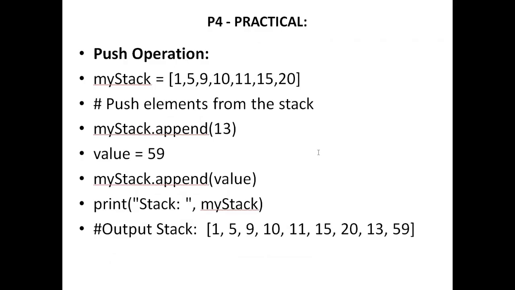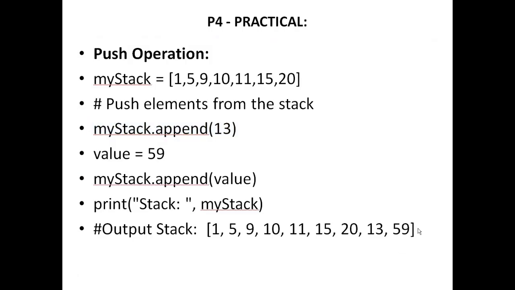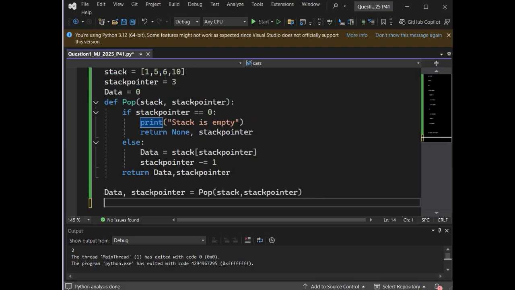Okay, then the next thing we are going to be looking at is a push operation. Normally you can just use the append function to add a value in a stack, but obviously the examiner is not going to let you do that. The examiner will give you something like a 6-mark question in order to write proper code. So let's write it.